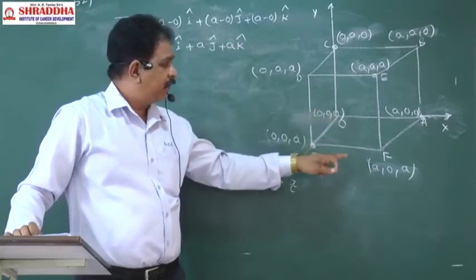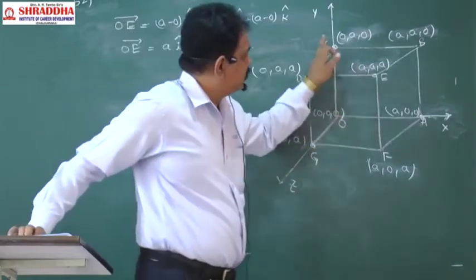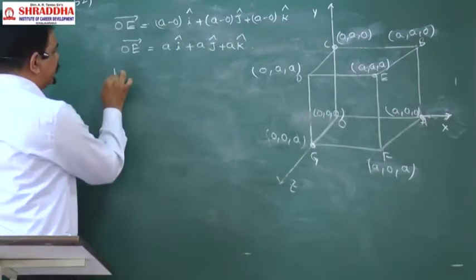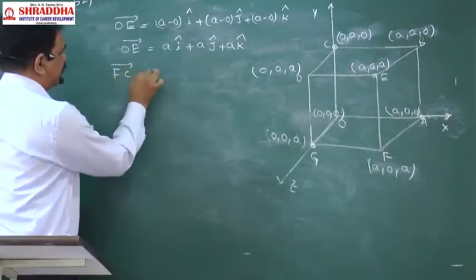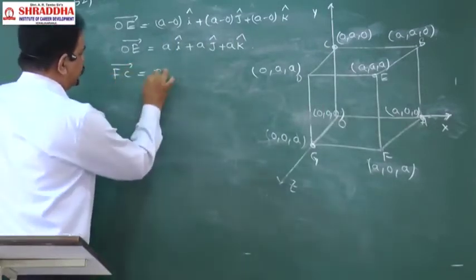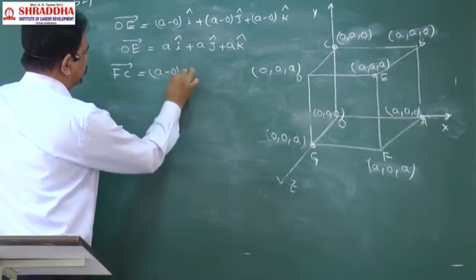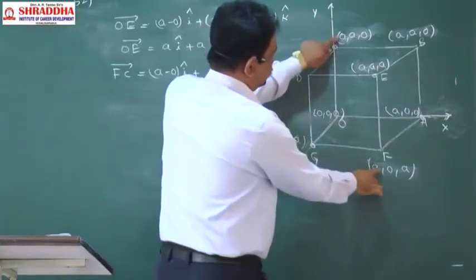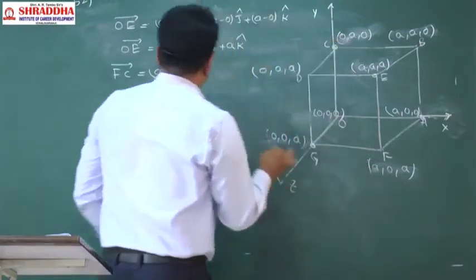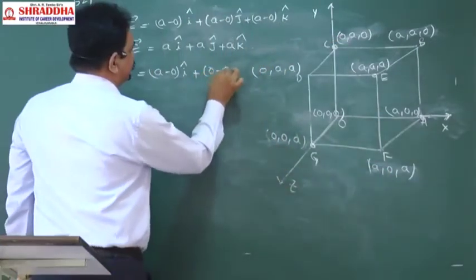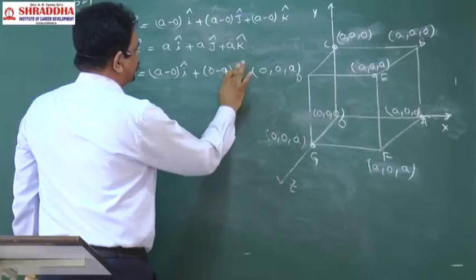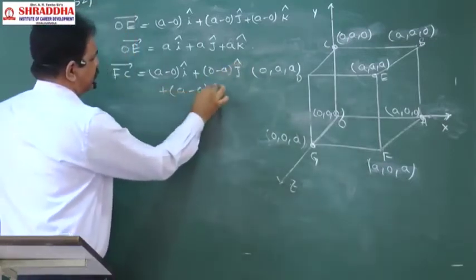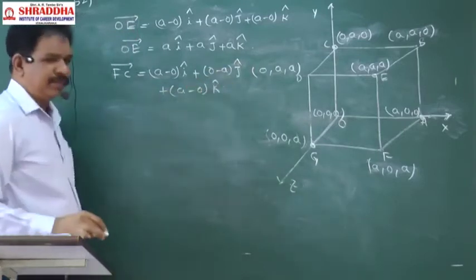Next, OE is one diagonal, FC is another diagonal. FC bar is equal to (a minus 0) i cap, then here 0 minus a into j cap, plus (a minus 0) k cap.